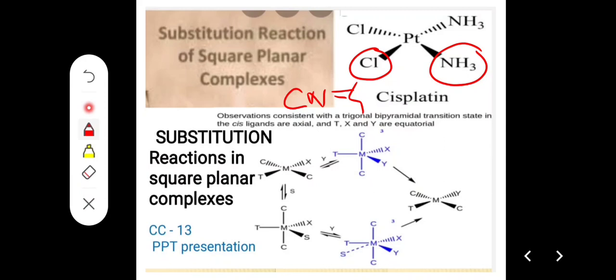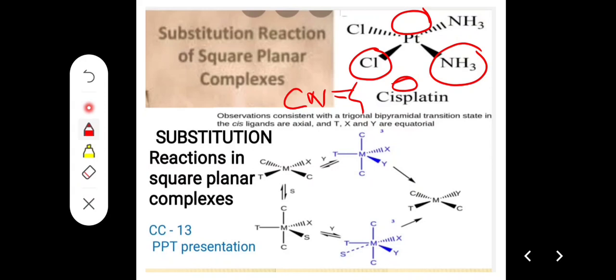But actually, above the plane means in front of our eyes, and below the plane means NH3 and Cl are at the back, far from our eyes. But actually they are placed in the same plane. Now substitution can occur easily for square planar complexes, as their upper and lower sides are vacant.